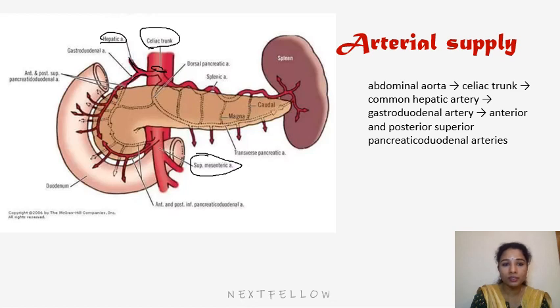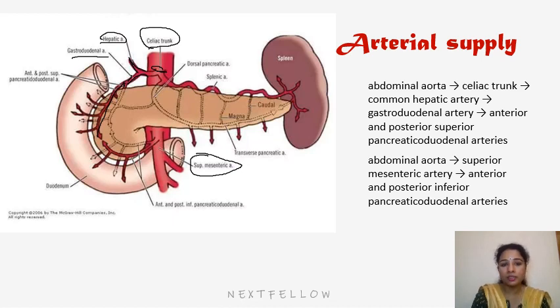So now we are interested in the gastroduodenal artery. When it reaches near the head, it divides into the anterior superior and posterior superior pancreatico-duodenal arteries, because it supplies the duodenum and pancreas as well. The dark one is the anterior superior, the dotted one is the posterior superior pancreatico-duodenal artery.